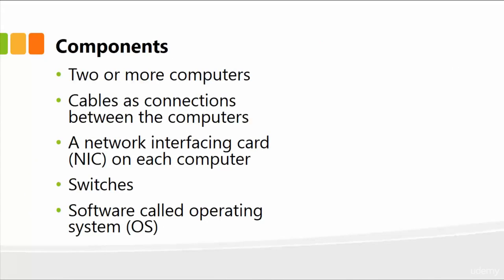So the components that are required to form a basic network are two or more computers. We also need cables that can physically connect these computers together, and a network interface card, also known as the NIC card or NIC, on each computer, because you'd have to physically connect the two computers together, and what's required is a basic network card.